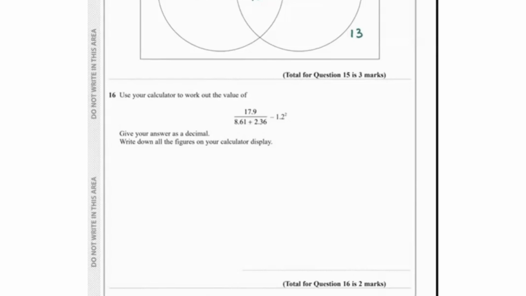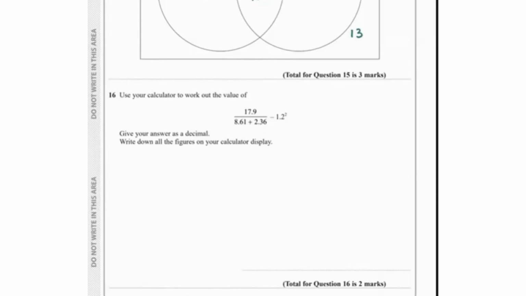So first, divide 17.9 by the sum of 8.61 plus 2.36. Remember, when you're doing this, add brackets around 8.61 plus 2.36 because that makes sure you're doing it correctly.